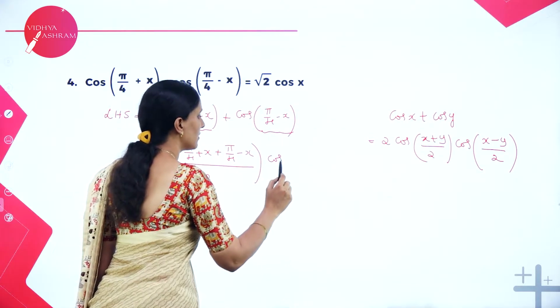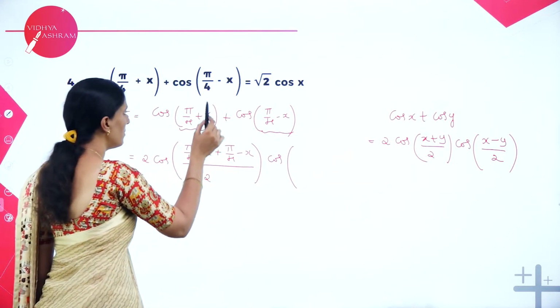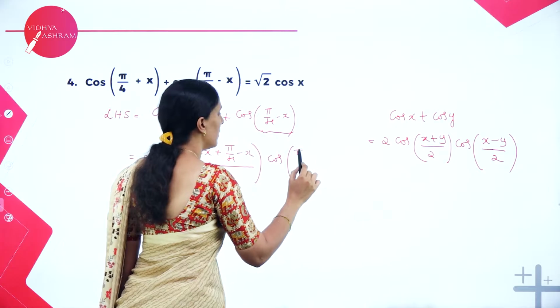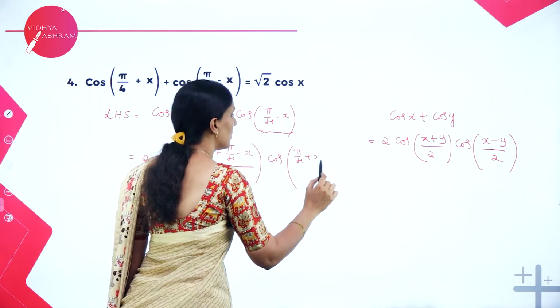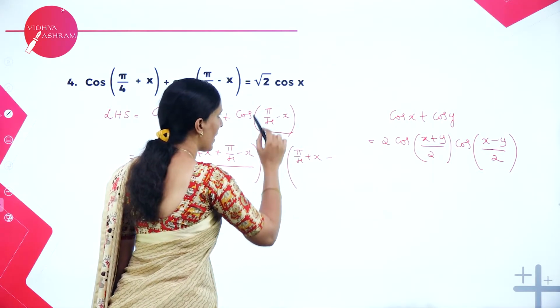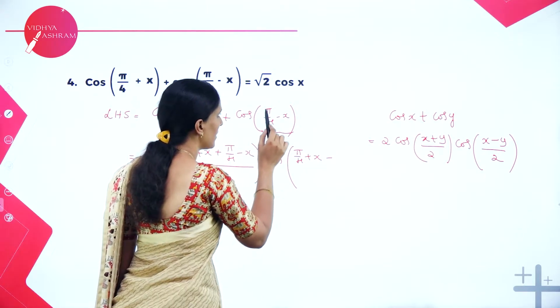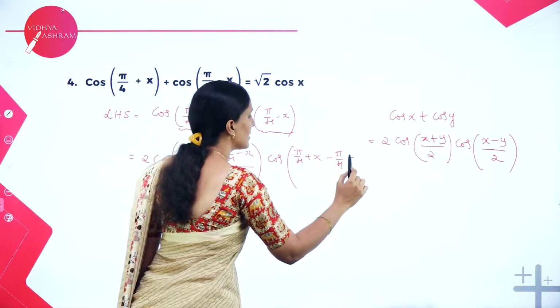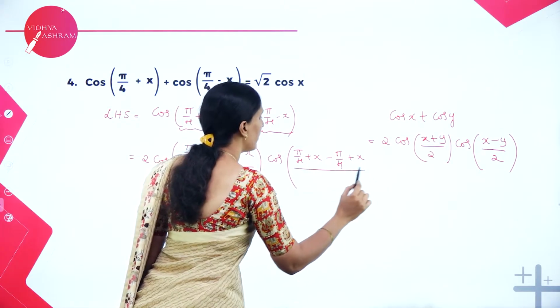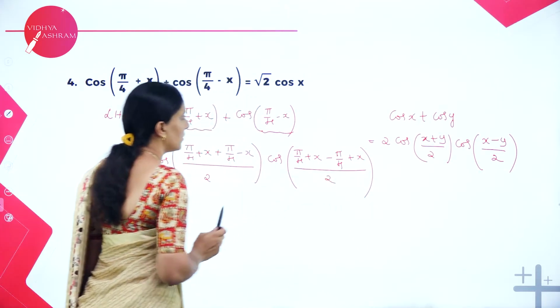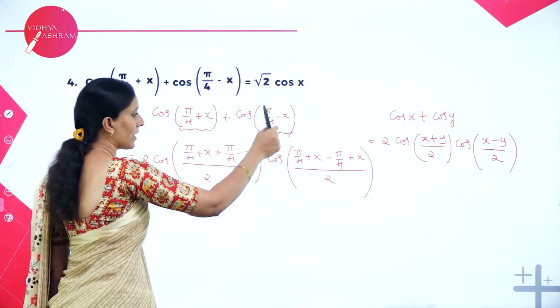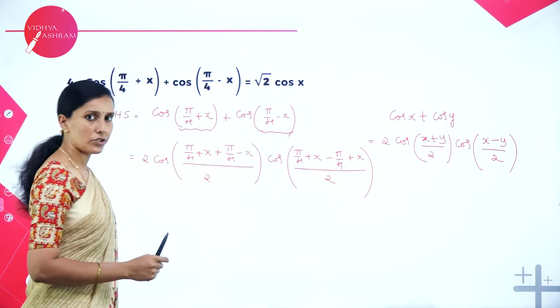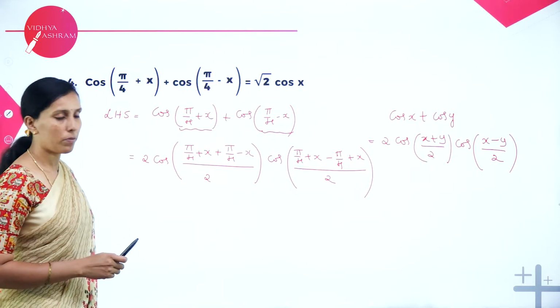And cos of (x minus y): this is the x term, pi by 4 plus x, minus the y term, minus (pi by 4 minus x), whole divided by 2. When you subtract (pi by 4 minus x), the sign changes, so it becomes minus pi by 4 plus x.